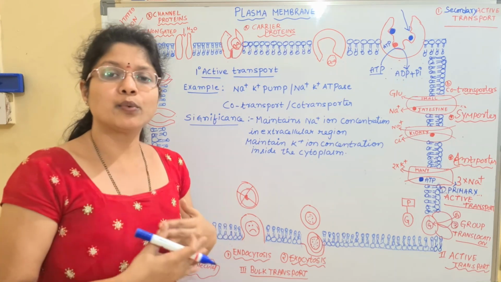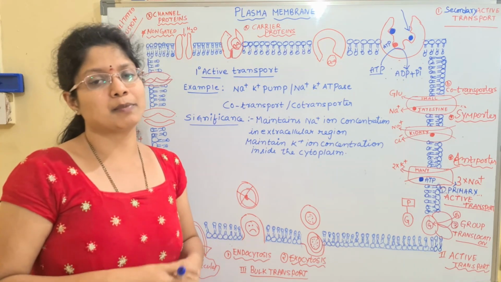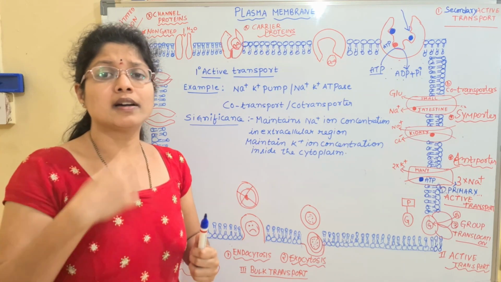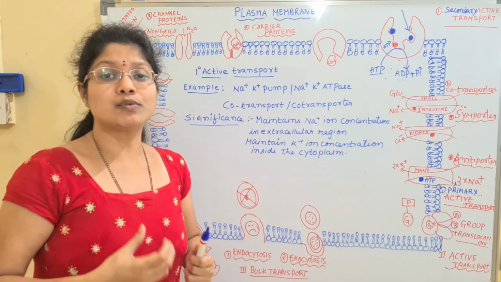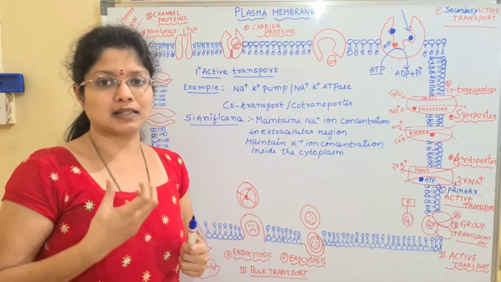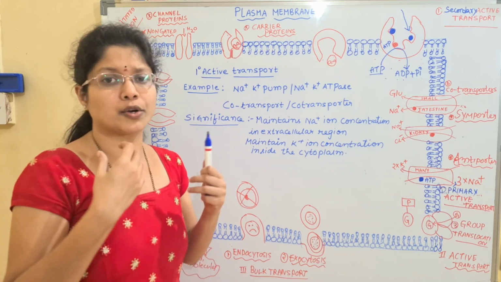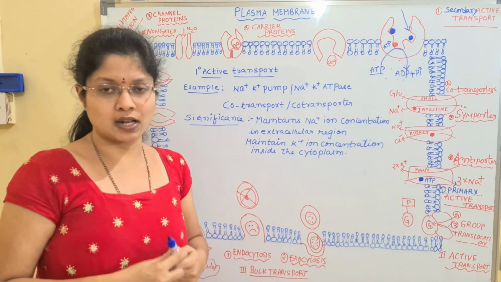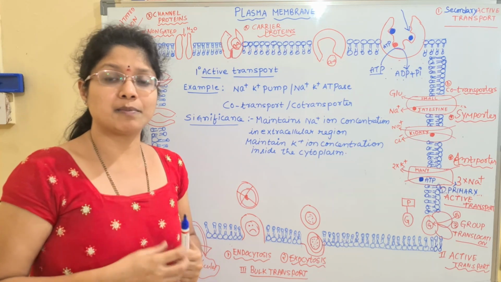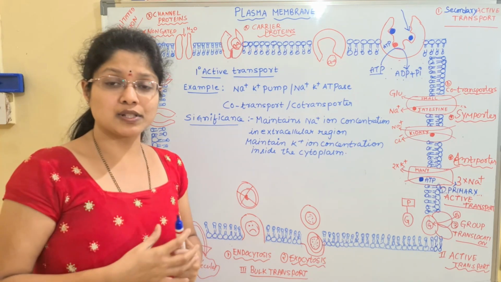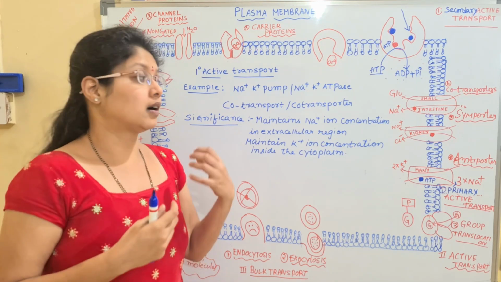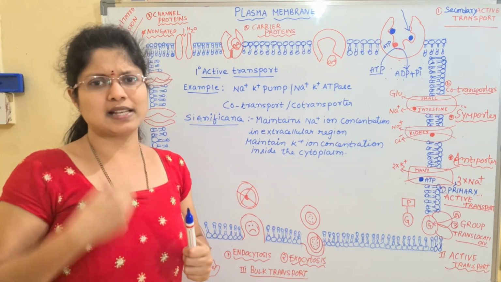So what is the second way the cell is adapting? It mainly depends upon the gradients of other molecules which are excessively present in the extracellular region. So what are the substances which are mainly present? The ions, and among ions again the sodium ions and the hydrogen ions are essential.